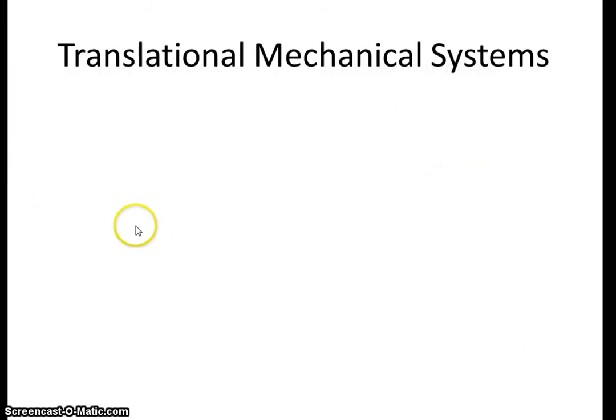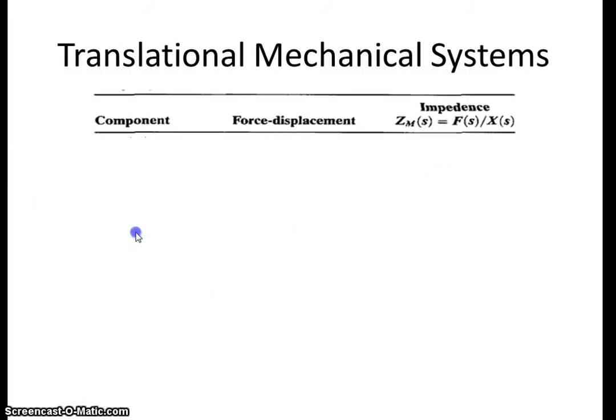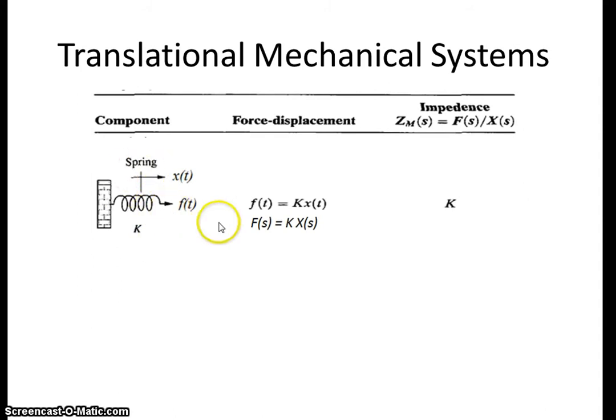Let us now summarize the three components. We have the spring reaction force equal to K times displacement x of t. Converting this into its Laplace, we have F of s equals K times X of s.